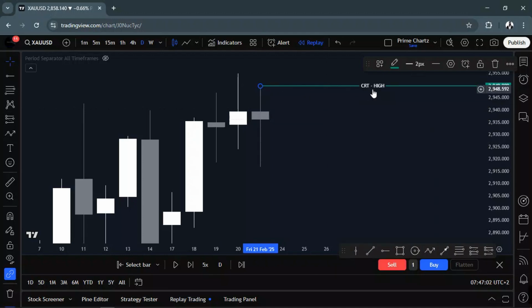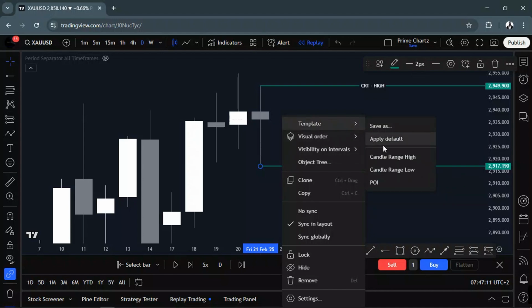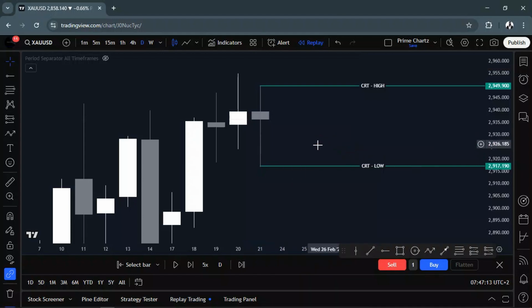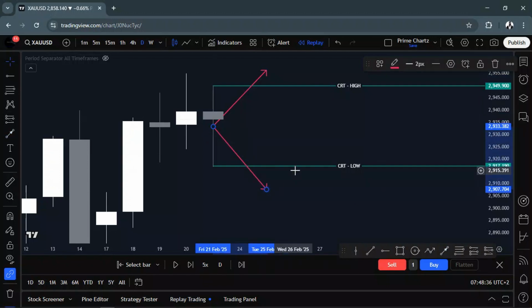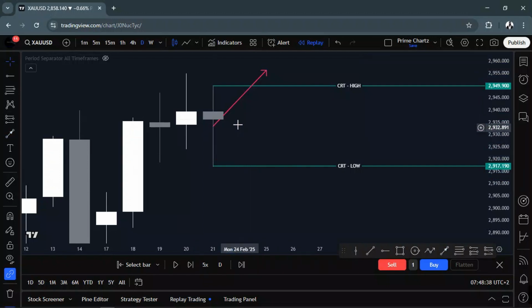This is the candle range high. And again, we also want to mark the low of this candlestick. This is the candle range low. This is the previous day high, and this is the previous day low. Alright, traders. So from here, price could either take the liquidity above or could take out the liquidity below, right?